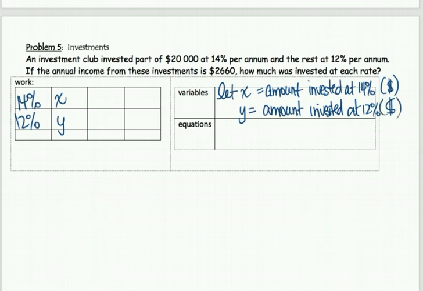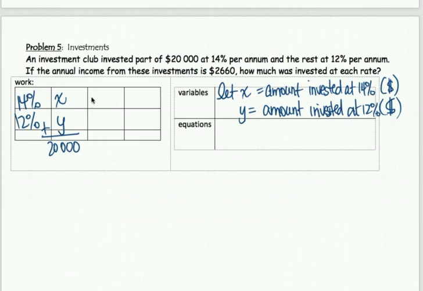All right, so what do we know? Well, we know that there was 20,000 altogether. We were splitting it into pieces in order to invest. And then we also know that when we left our money in there and came back after a year, per annum, we found that we made $2,660.